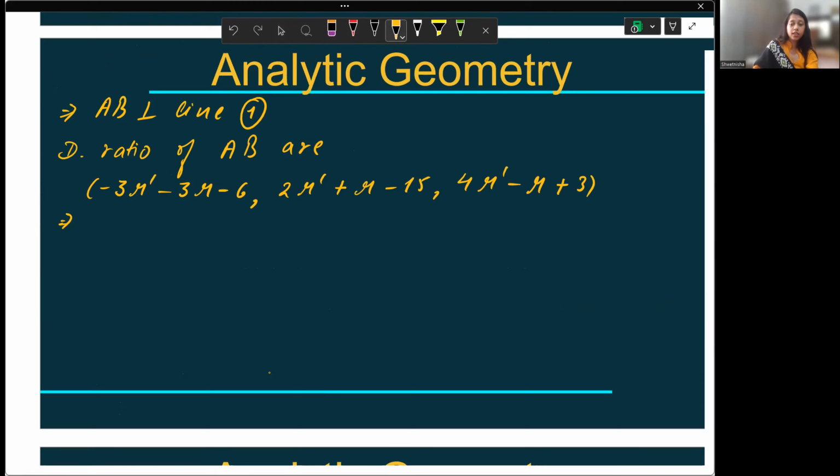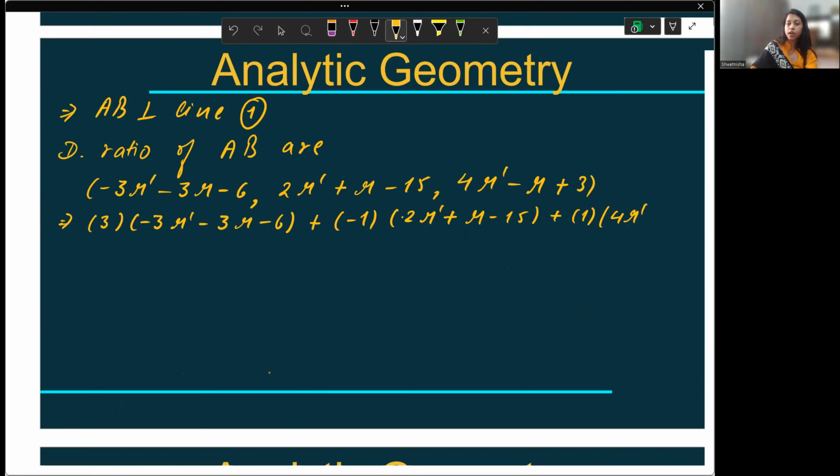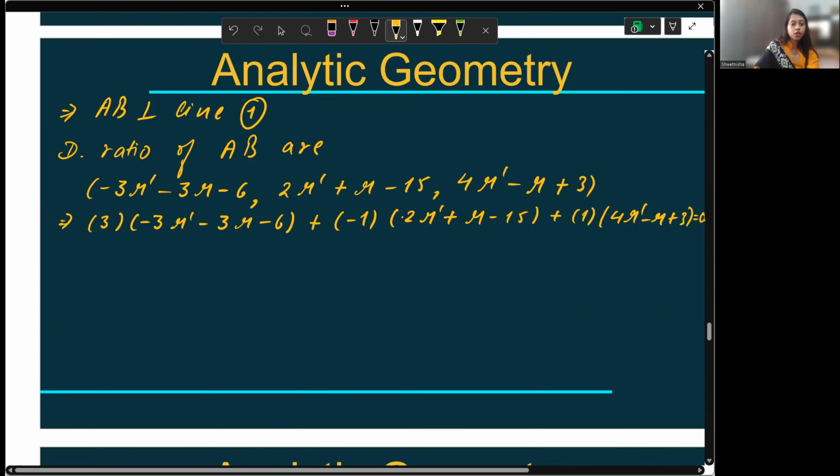So it implies 3 times minus 3r dash minus 3r minus 6, plus minus 1 times 2r dash plus r minus 15, plus 1 times 4r dash minus r plus 3 equals 0. Solve this. You'll get 7r dash plus 8r is equal to 0.